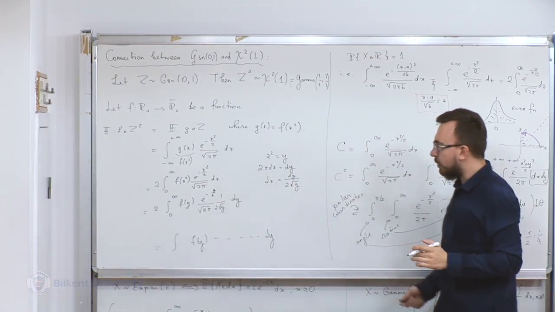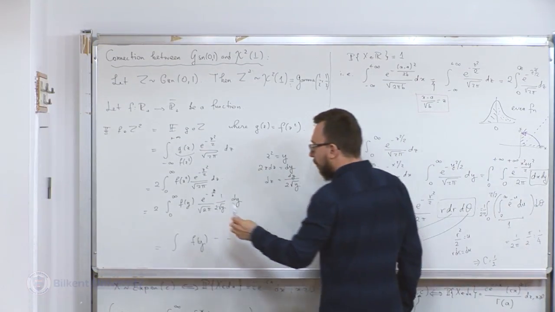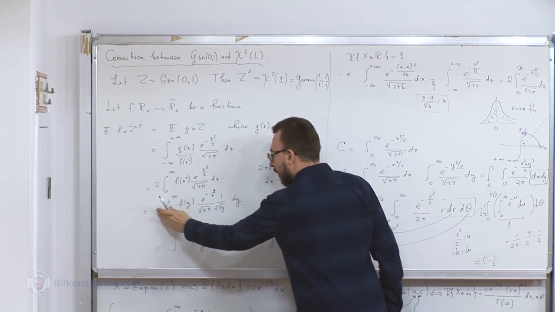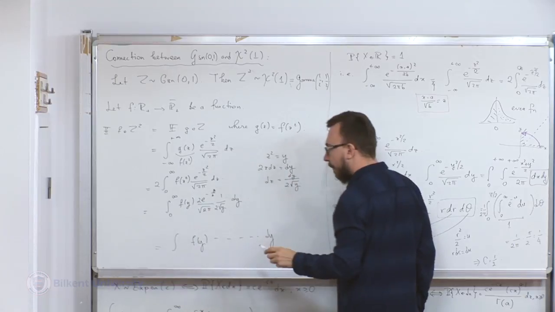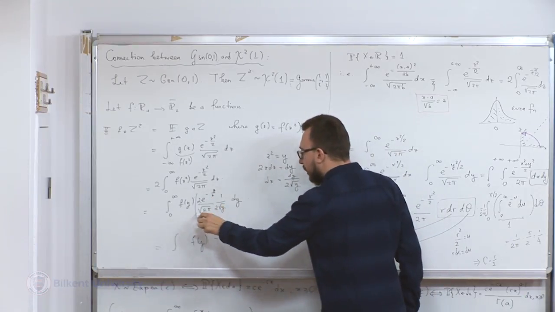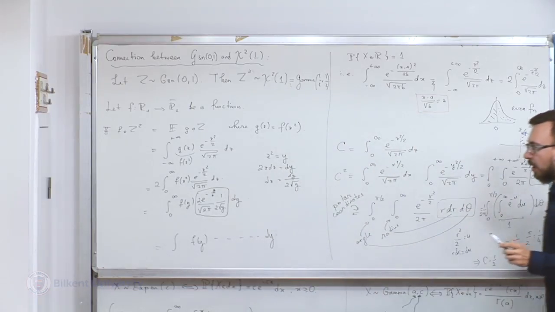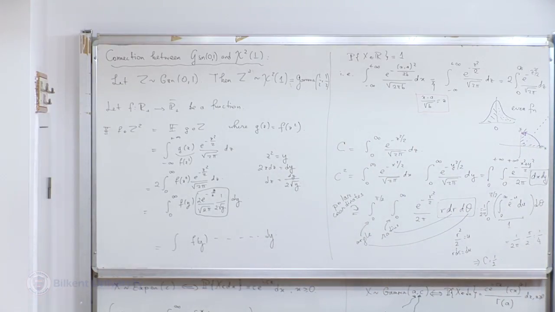Okay, so we're almost done, because we have f of y times something. Let me put the 2 here. So this is a probability density function for sure. We just need to reorganize it to see that it is gamma.